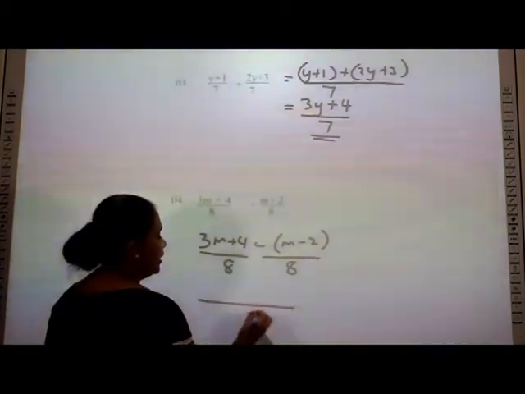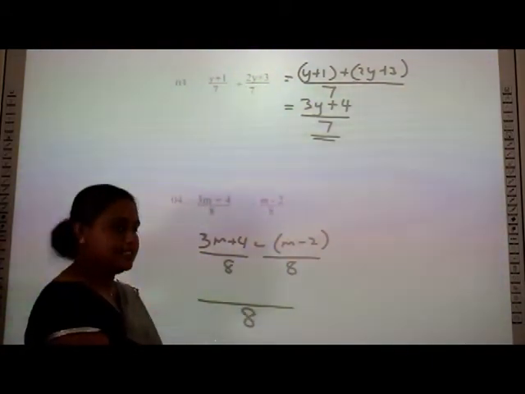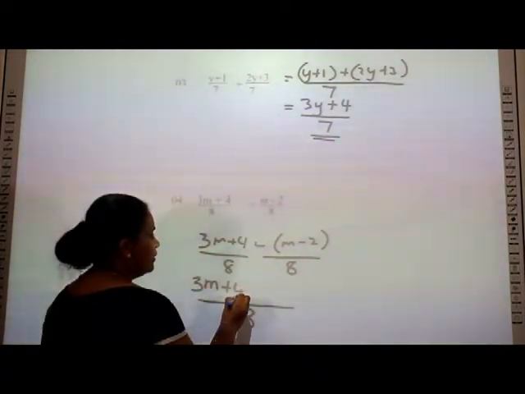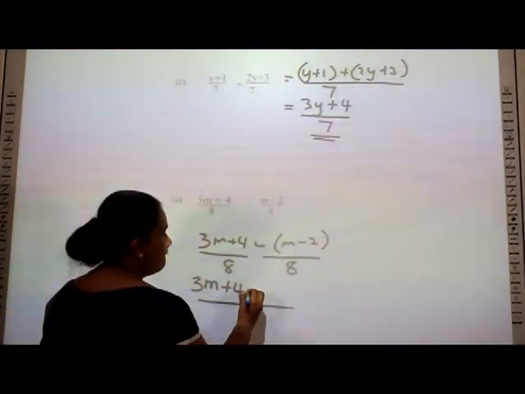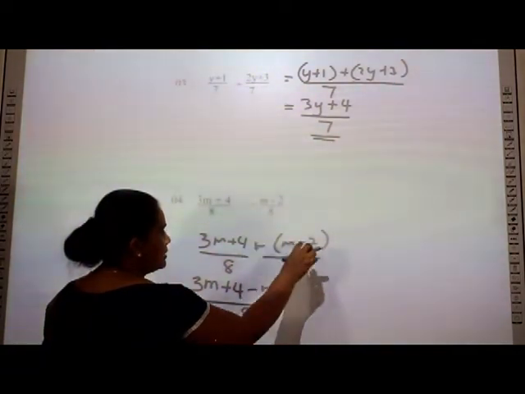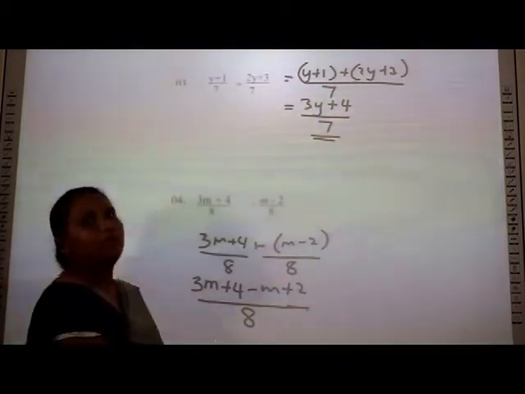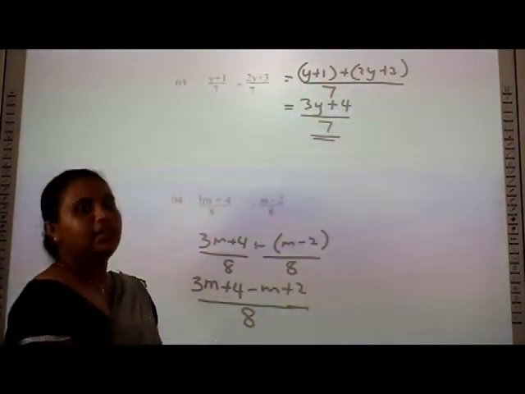Here the denominator is 8. 3m plus 4, then minus into m, minus m, minus plus 2. You know how to multiply directed numbers.